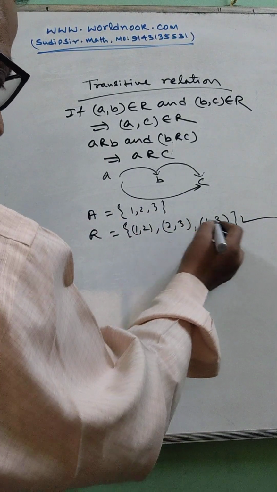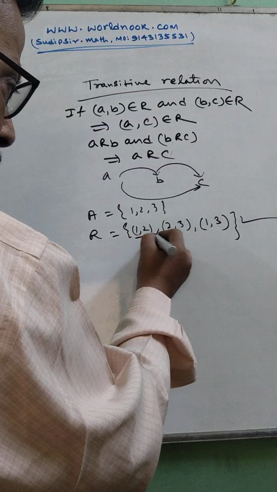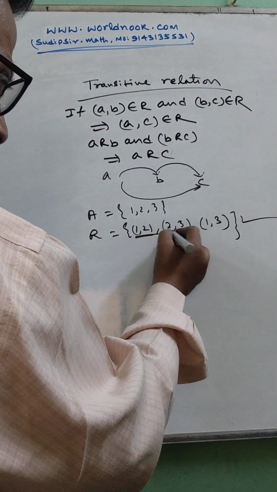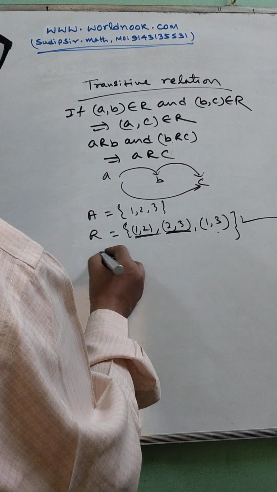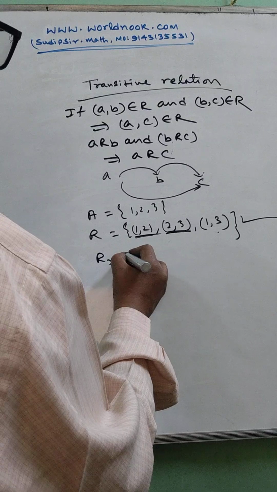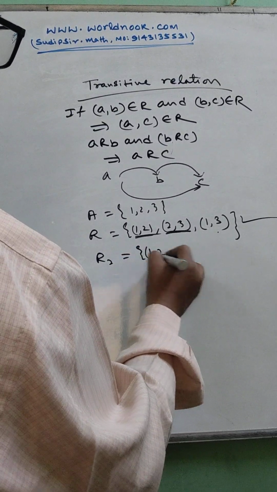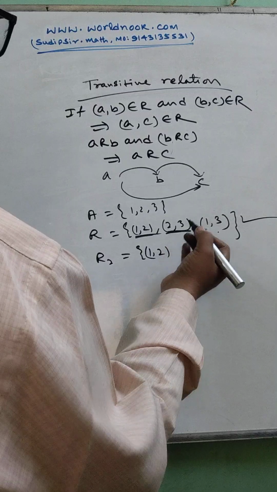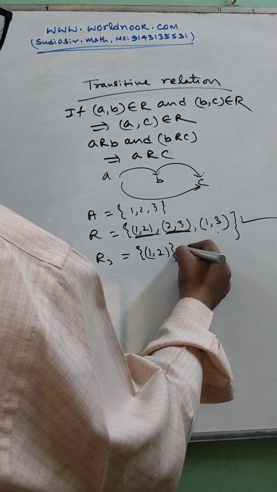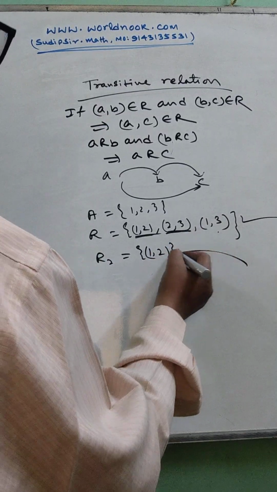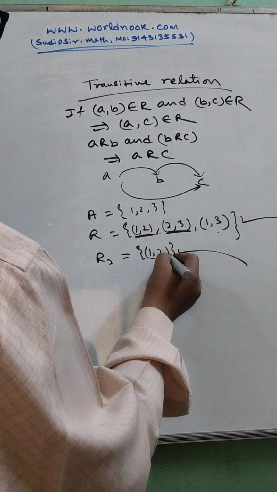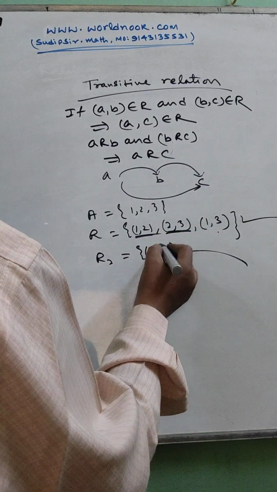If (1, 2) and (2, 3), then (1, 3). Otherwise also one relation can be said (1, 2) itself, reflexive, transitive.